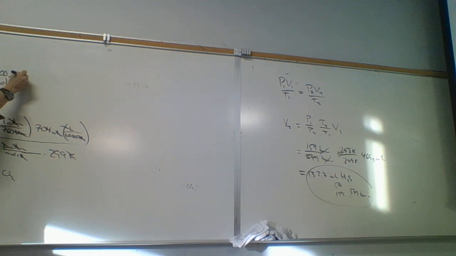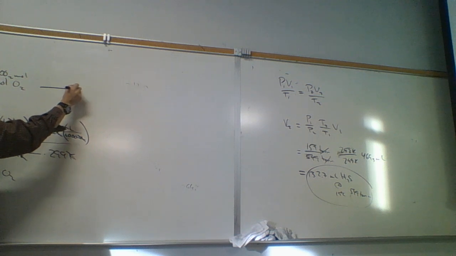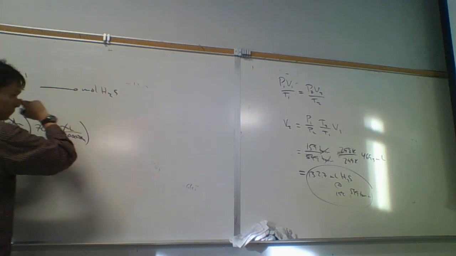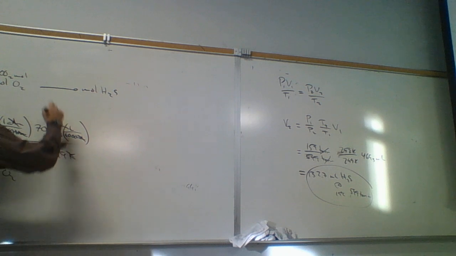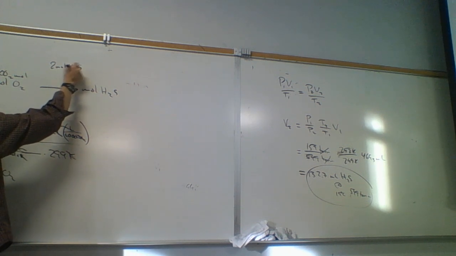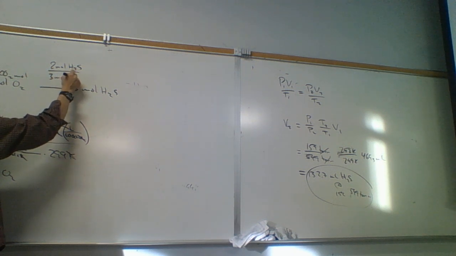Once I have moles of O2, I'm going to go to moles of H2S using the mole ratio. And so the mole ratio was 2 moles of H2S for every 3 moles of O2.